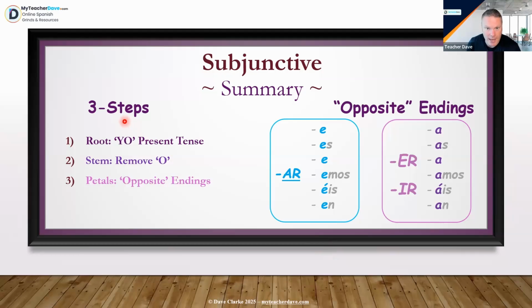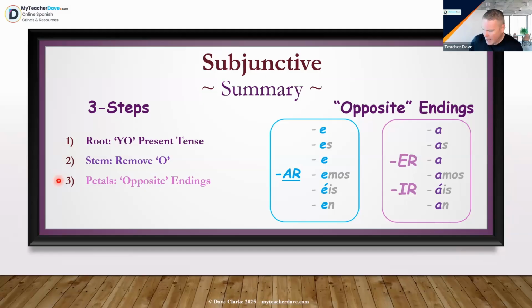We have 3 steps to forming the subjunctive. Step 1, we start with the yo part of the verb in the normal present tense. Hablo, vivo, estudio. We cut off the o, and then the only thing left to do is to add on the endings, which we now know are the opposite of what we would normally expect.